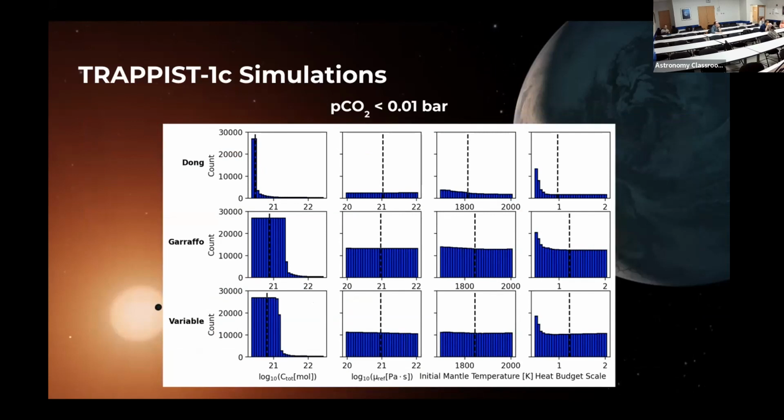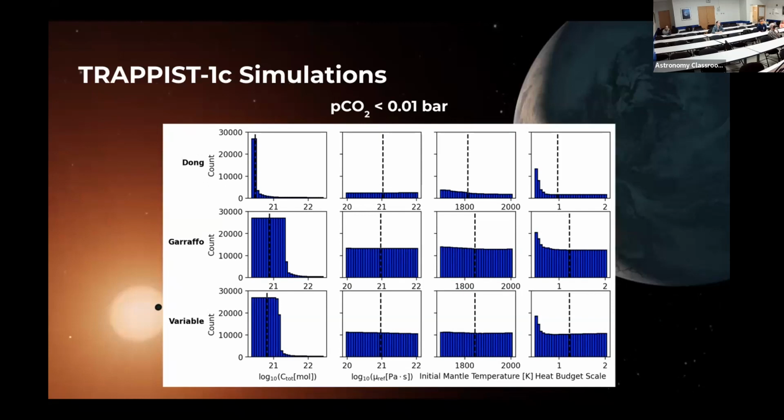We see these two parameters don't have a big effect. This does push our heat budget scales more likely to have small heat budget scales, but what it really constrains is the total carbon budget that we start out with. It's of course dependent on the loss rates, but it's interesting to see that in all of these cases it constrains it somewhere. An estimate for Earth's initial budget was 10 to the 22, so it definitely constrains it to less than what Earth started out with.